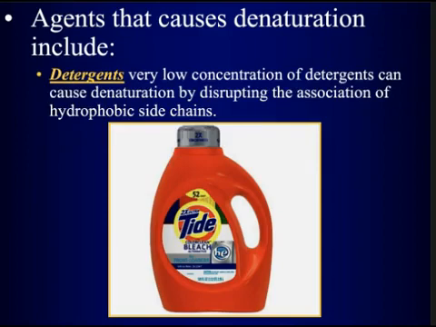So then it starts to unravel as well. Which can be a good thing if you are trying to get blood out of some kind of clothing. You get a cut and you bleed on your shirt. Well, you want to try to disrupt those proteins so that your detergent can wash it away. Now, it doesn't do it great, as blood is actually pretty hard to get out of clothing, but that's essentially what it's trying to do.